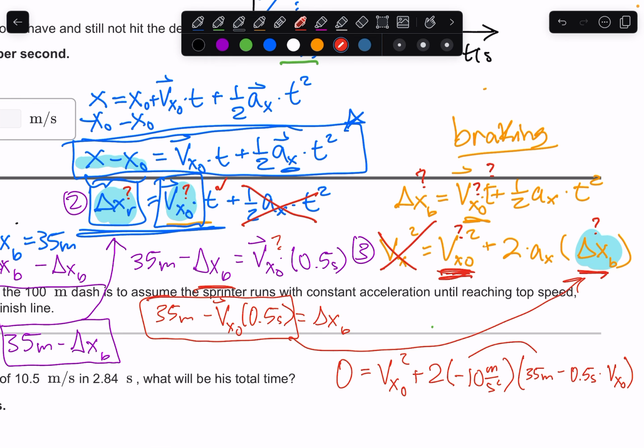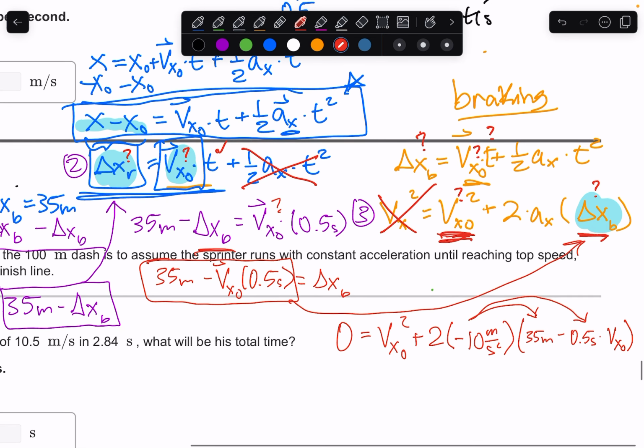So we'll need to distribute that negative 20. And so if I do that, we would end up with, what do I have? 10 times 35 is 350 times 2, so minus 700.